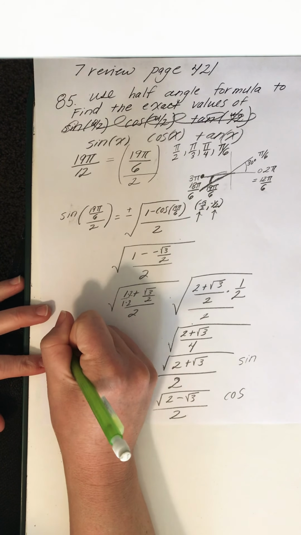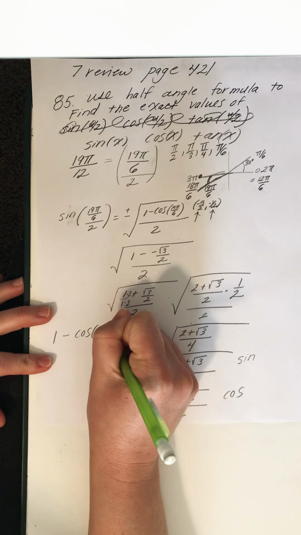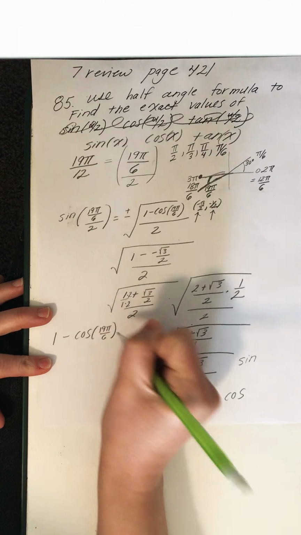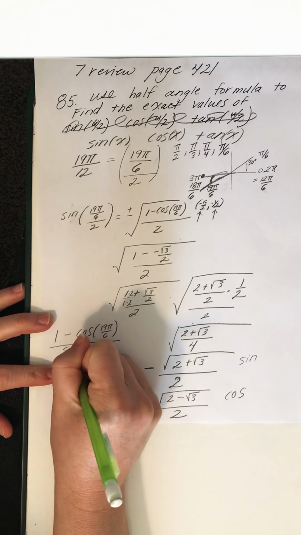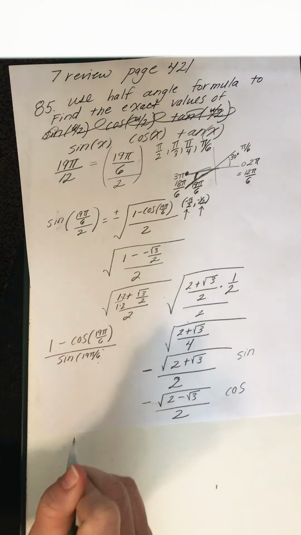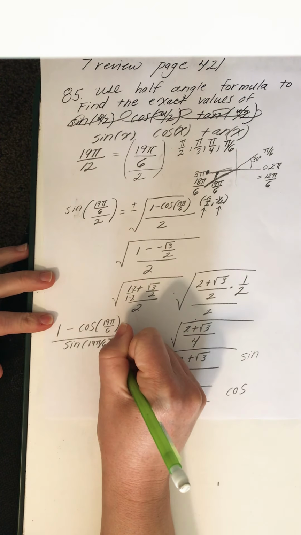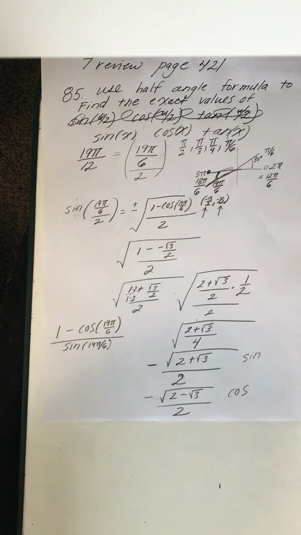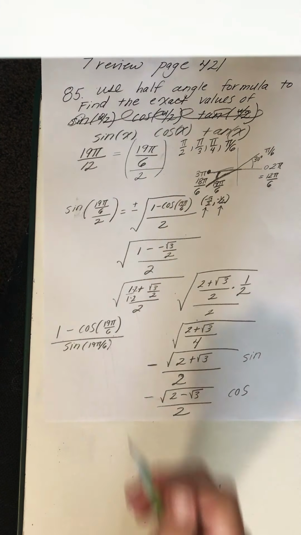I'm going to do the formula of 1 minus cosine of x, cosine of 19 pi 6, then all over sine of 19 pi 6. So then from there, we would have the following.